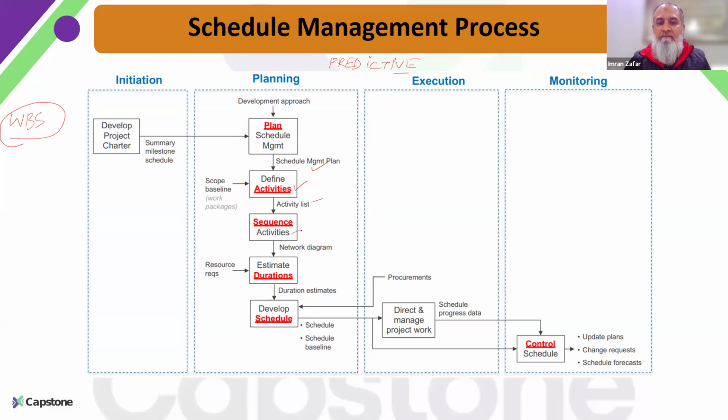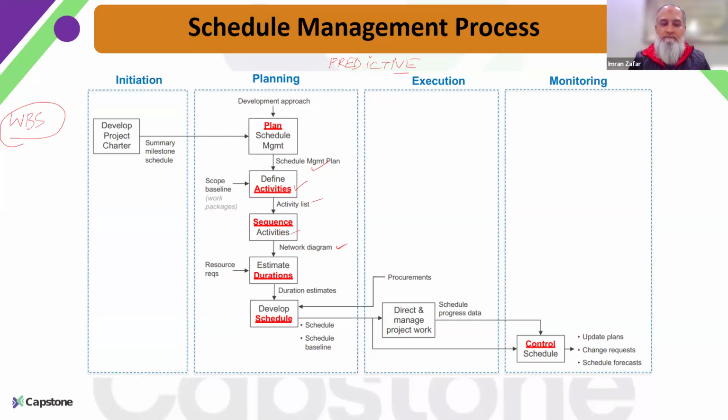Once we have the activity list, we need to sequence those activities, that is, in what sequence those activities should be performed to deliver our project. This sequencing will give us our project network diagram, showing how our project will be moving from start to end. Once we have this network diagram ready, we know the dependencies: which activity is dependent on which activity, which comes first, and which comes after it.